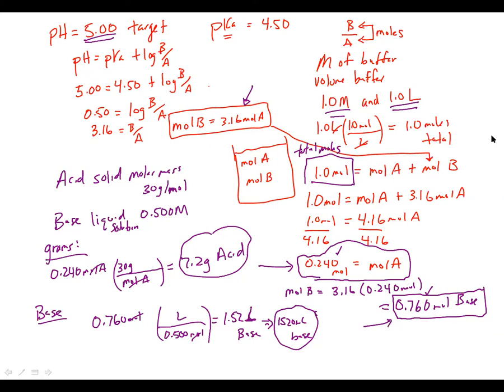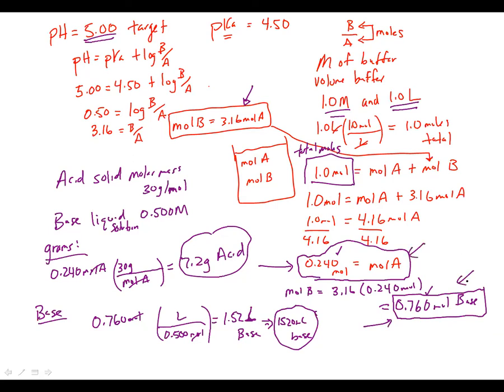All right. So this is the calculation that you would do in this case, and you need to do this calculation to figure out really the moles of each of these.